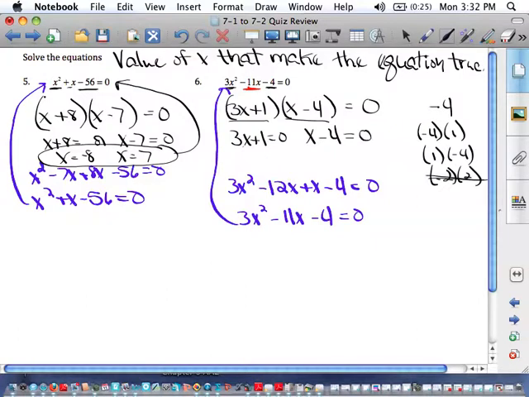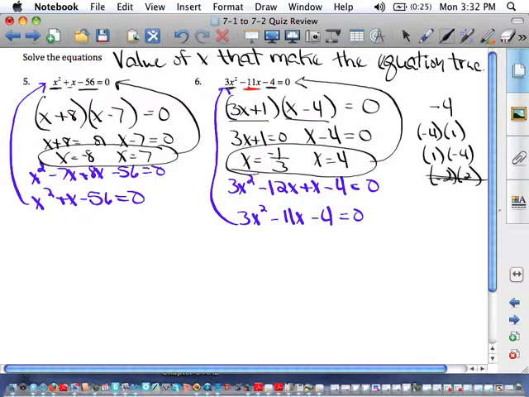So solve each of these for x. So when x is equal to -1/3 and when x is equal to 4. Those are the two solutions. Again, if I substitute those into that original equation, that would make that original equation true. So the expression on the left would be equal to 0.